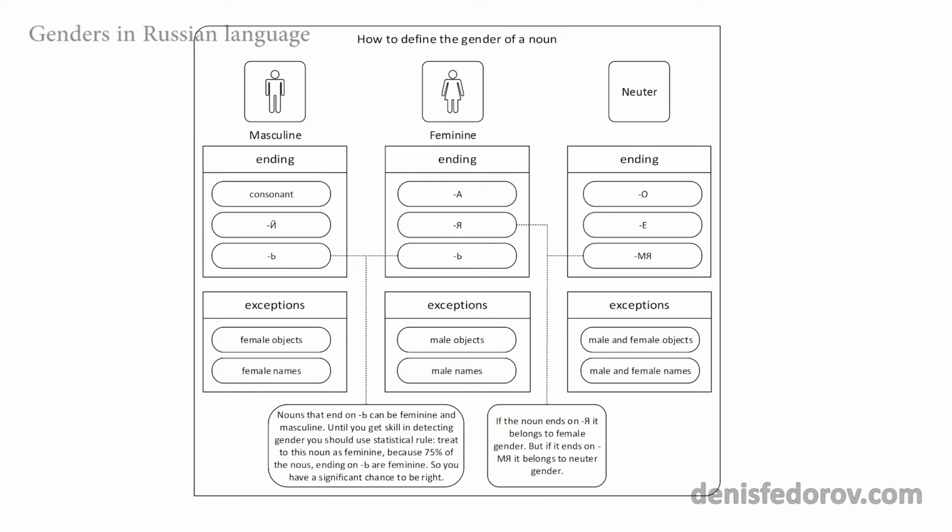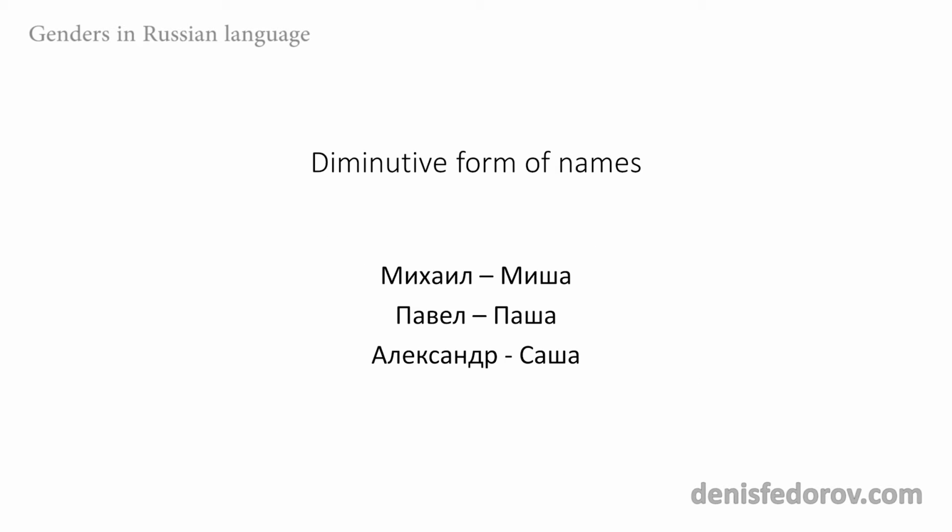No rules work here. That's why I put names into exceptions unit. It's also important to mention here the diminutive form of names. Mikhail, Misha, Pavel, Pasha, Alexander, Sasha. They may look as female names, but they are just masculine names in their diminutive form.